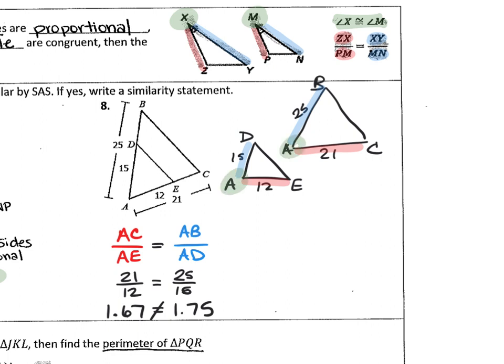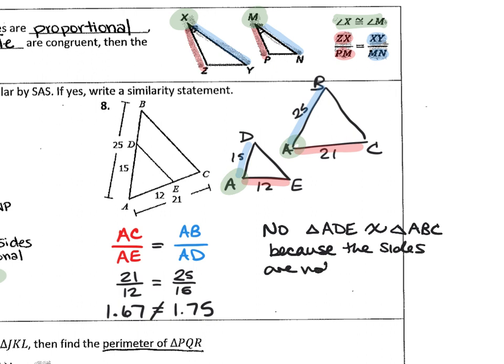So even though they have the angles being congruent, we would have to say, no, triangle ADE is not similar to triangle ABC because the sides are not proportional. By the way, this is saying not similar.